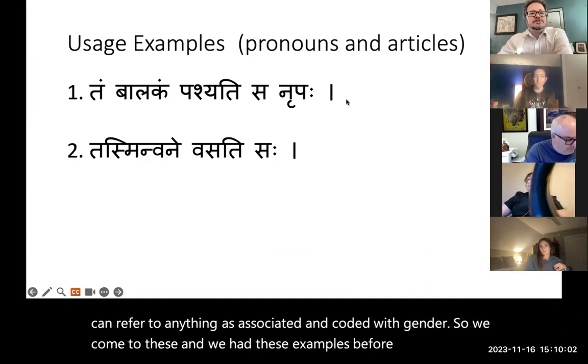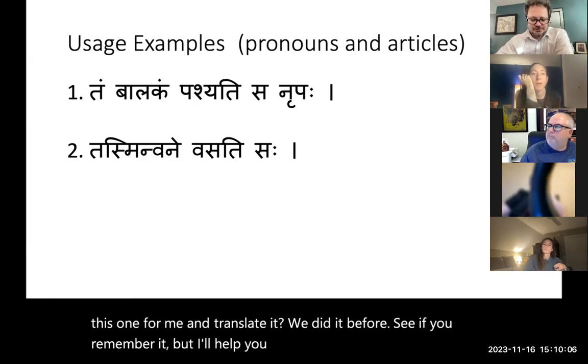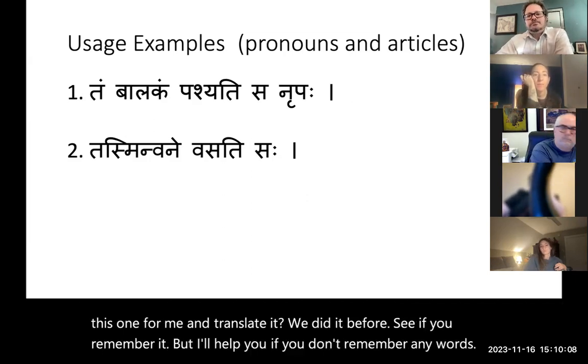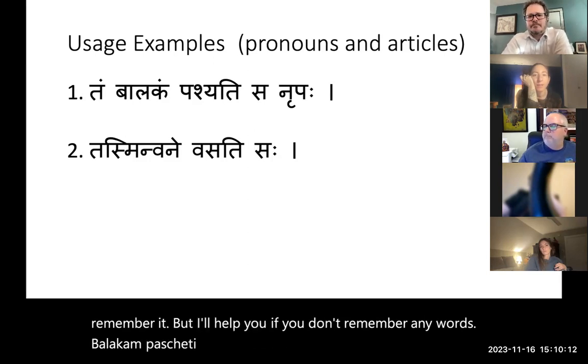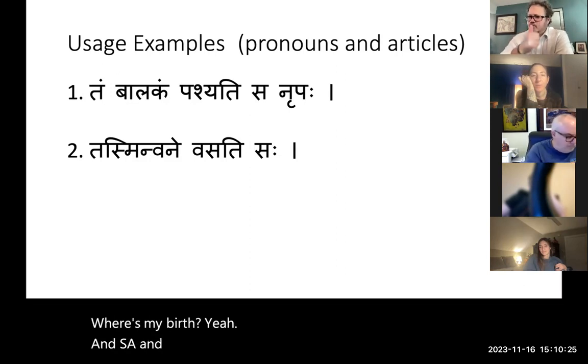Can Sarah read this one for me and translate it? We did it before. See if you remember it, but I'll help you if you don't remember any words. Tam balakam pashati sa nripaha. Pashati. Sa and tam are both pronouns. Sa nripaha.